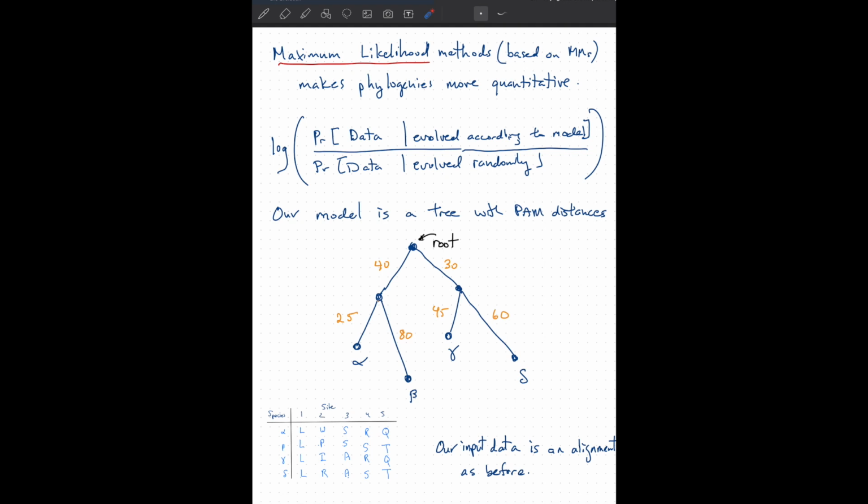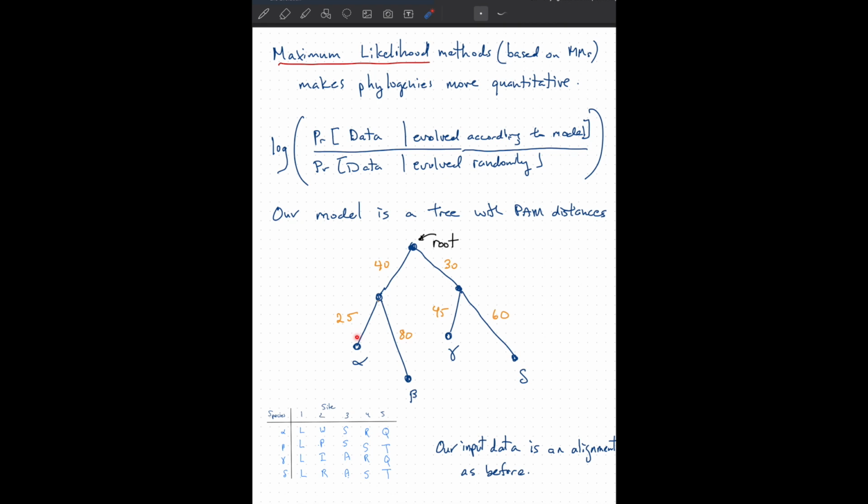Okay, so let's do this. This is going to be a bit tricky, I'll warn you, with several concepts going on here, but I'll try to break it down step by step to give you the intuition. Let's suppose our model is described by a tree with PAM distances on the edges. Here we have alpha and beta together as siblings, separated by 105 PAM units.